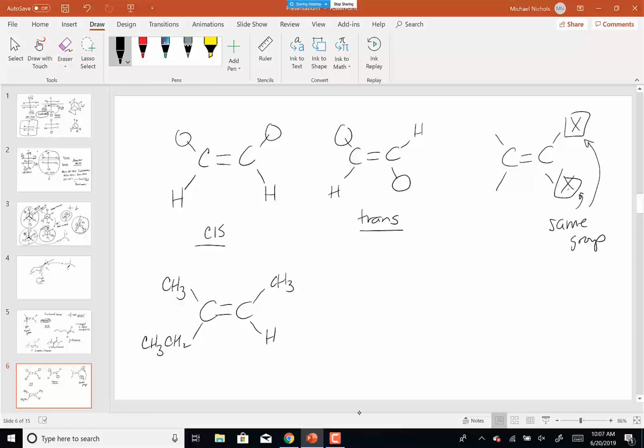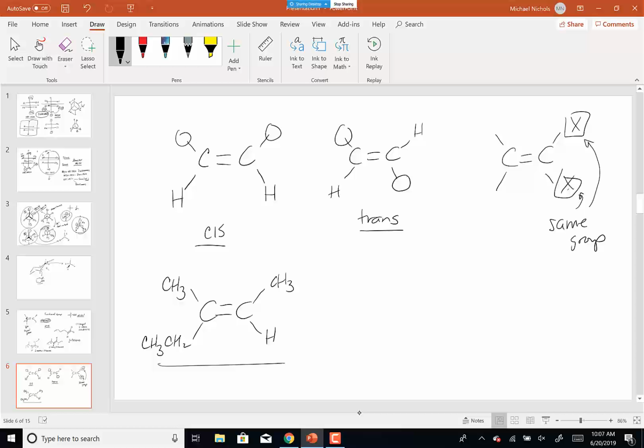Now, sometimes people will want to look at this and say, oh, well, that's cis. And I'll say, well, it's cis if you do what? If you're counting the methyl groups, which you can perfectly say.